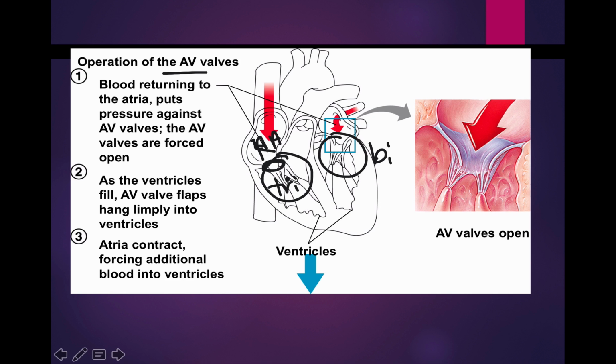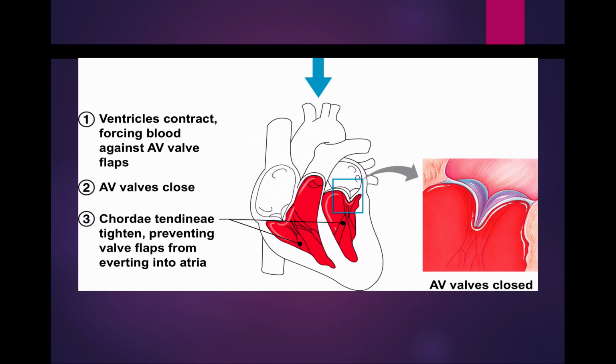Then as the ventricles fill up with blood, they are going to hang limply, so these AV valves are just going to be relaxed. As the atria contract, it's going to force these semilunar valves then open. And then the tricuspid or the AV valves are then going to shut again. So they're going to work in opposite of each other, kind of like we talked about last video.